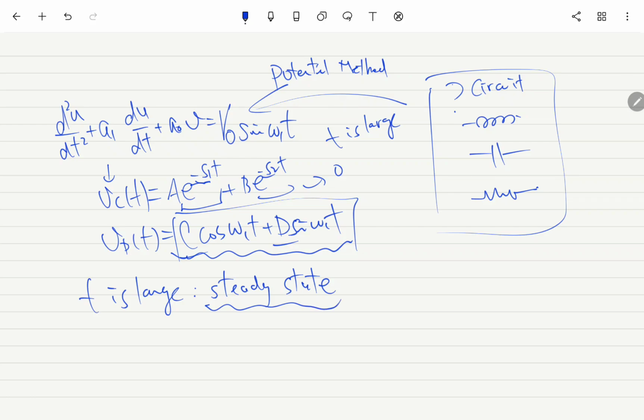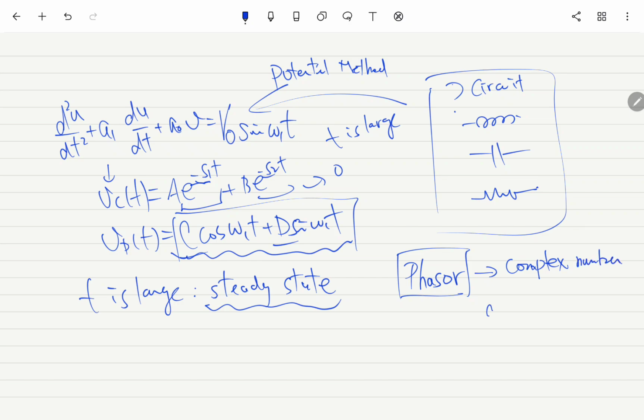But the idea is that solving the ODE like this is quite tedious. So the circuit guys try to use something called a phasor. It makes use of a complex number to represent a sinusoidal function, because a complex number has amplitude and phase.